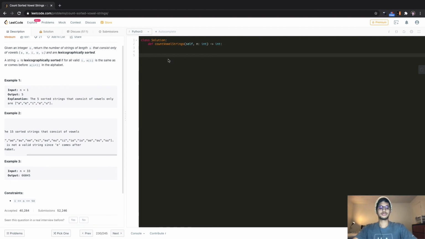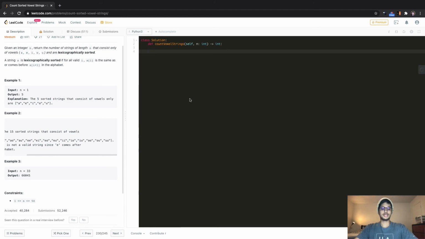So it feels like a basic combination question where for the first one you have all the values, for the second one it's minus 1, and then minus 2, and minus 3, and minus 4. So you would have basically these 5 values.